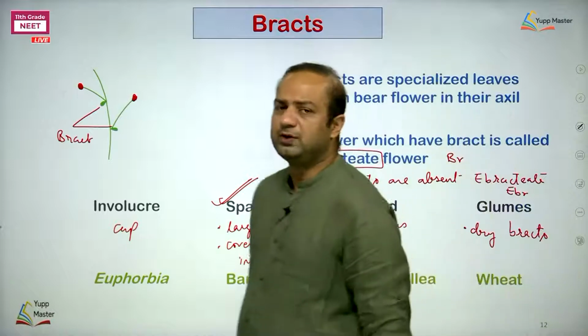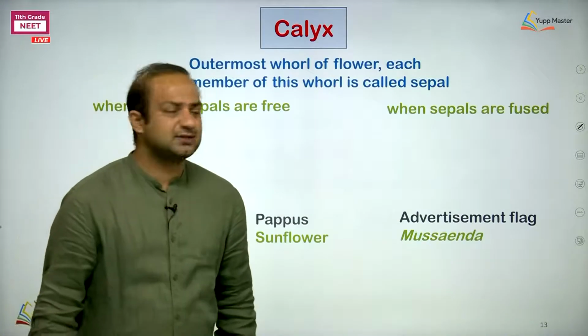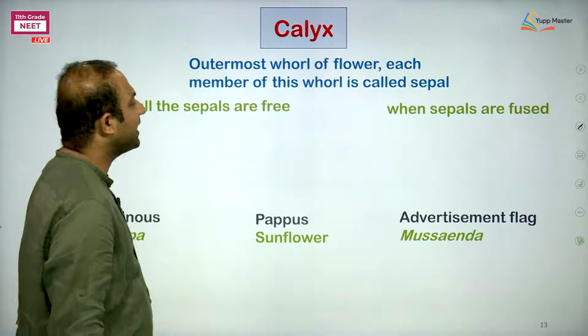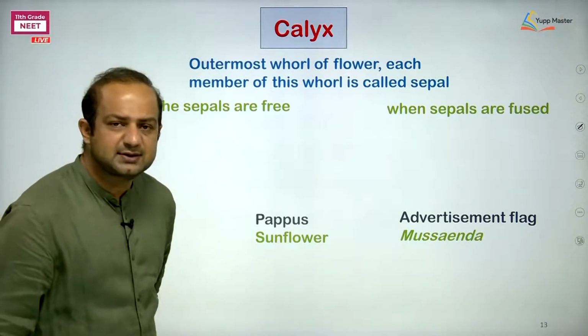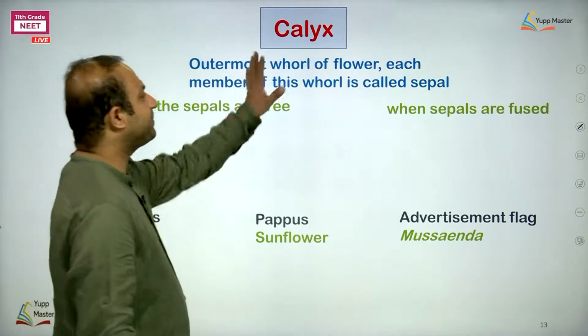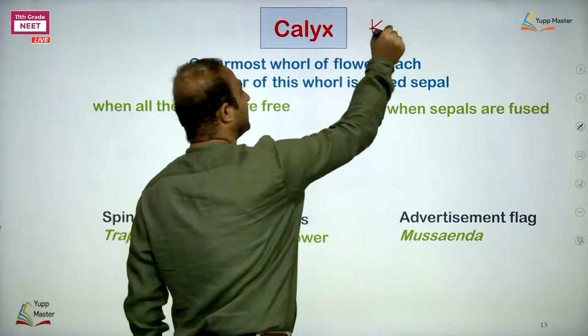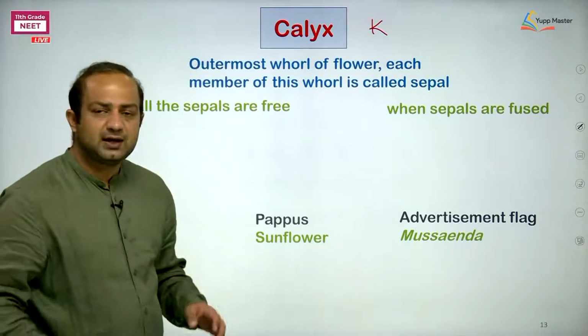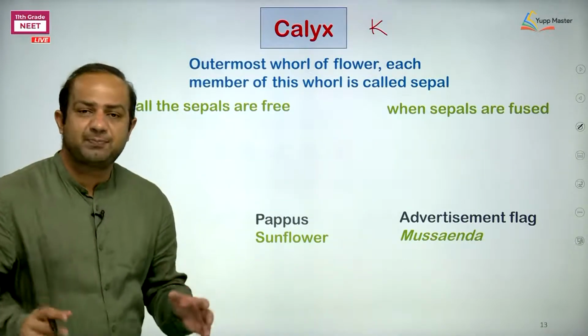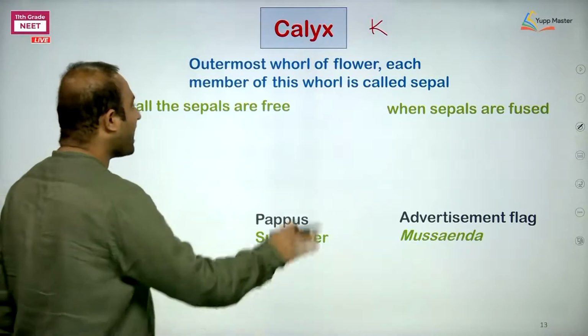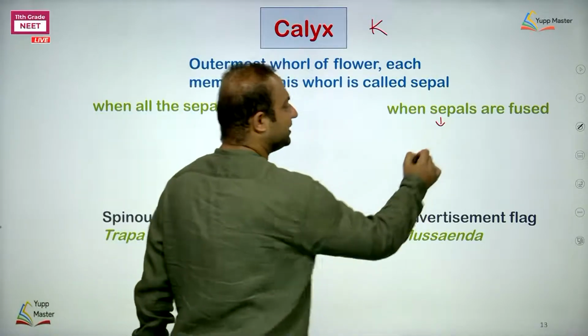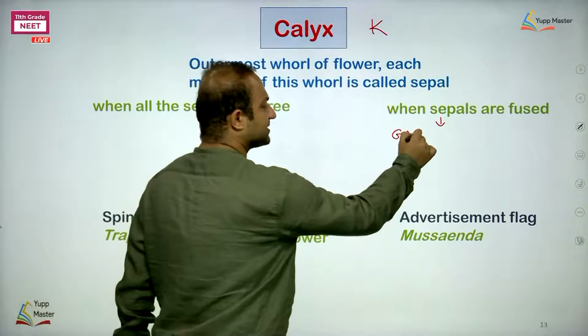Okay, next, moving further, after the bract is the structure which we are calling calyx. Now calyx, I am repeating again, is represented by K. Now the thing is, these members, the sepals, may be fused. If they are fused, I will call this condition gamosepalous.